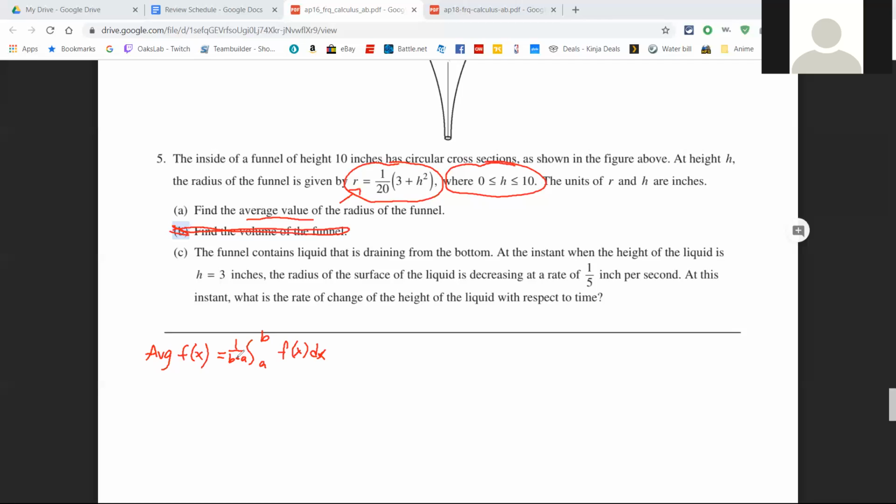So in this case, the average of R will be 1 over, and what is B and A here, you think? Zero, 10. Yeah, 0, 10, but the 10 goes first. 10 is the B, this is your A, and that's your B. So 10 goes first. So you're going from 0 to 10 of the function of R.